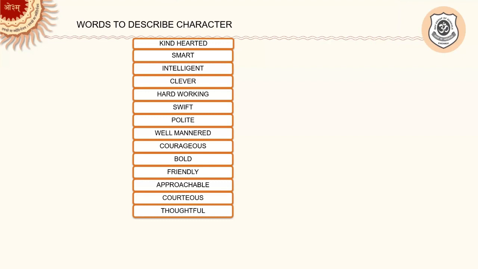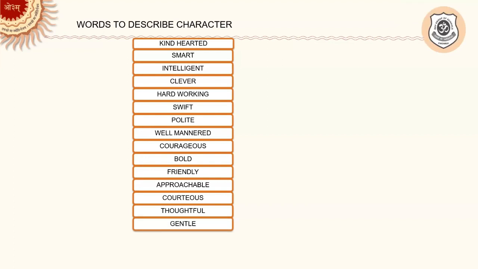When the child comes to class 4 and 5, if we ask them to describe the characters, suppose he says that boy is a kind-hearted boy, he should be able to justify from the story why we describe him as a kind-hearted boy. So he has to quote some instances from the story. That also you teach them for classes 4 and 5.